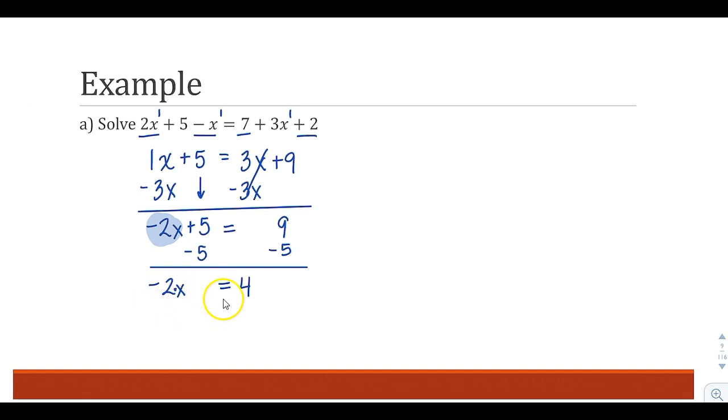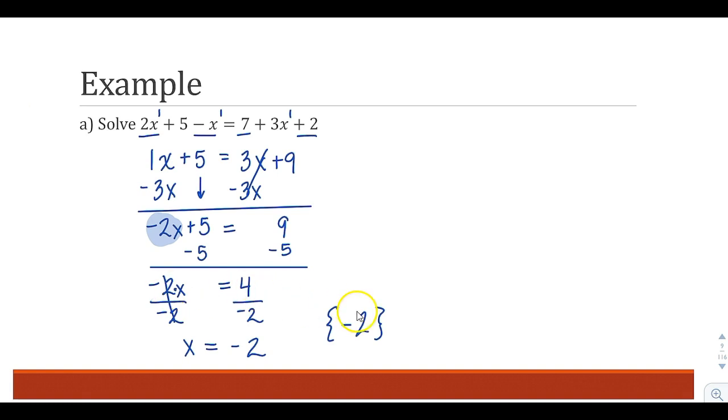So I can't add the 2 to the other side because it's not being added, it's being multiplied to x. So I'm going to divide by negative 2, divide by negative 2. So now the negative 2 over negative 2 just becomes a 1x. So I have x is equal to negative 2.